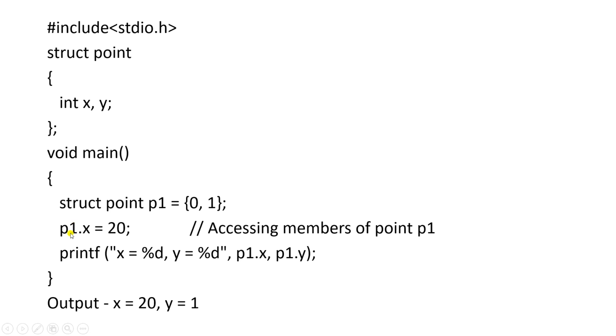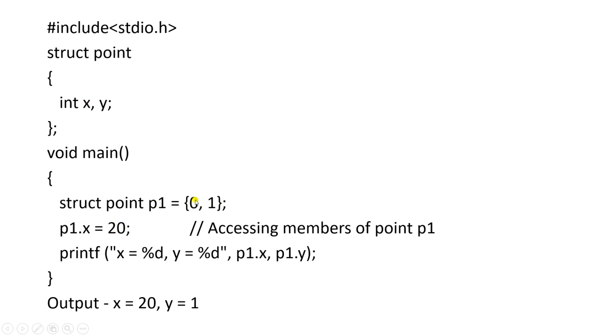Then p1.x equals 20. What is p1? P1 is the variable name. This variable is of type struct, so that means this p1 has 2 integer values, x and y. In that, x is assigned 20. Initially it was 0 and 1.